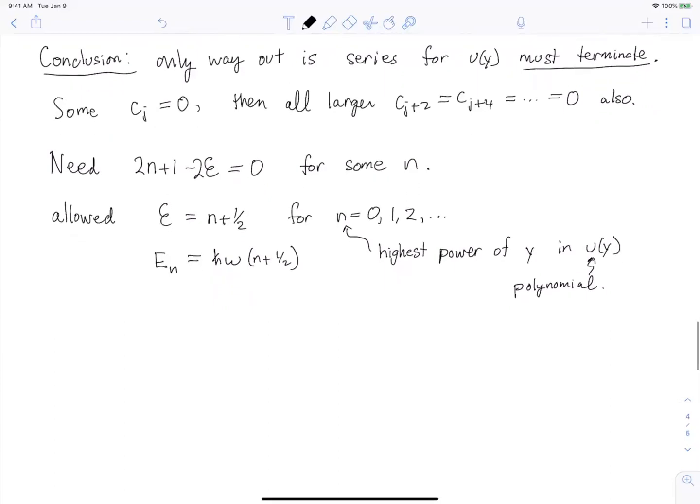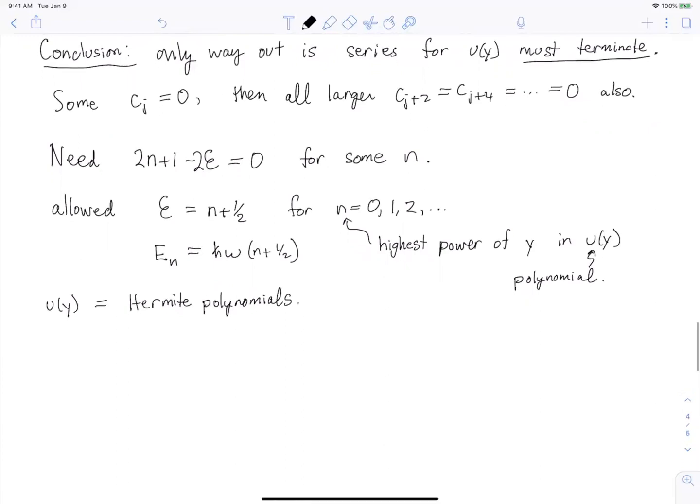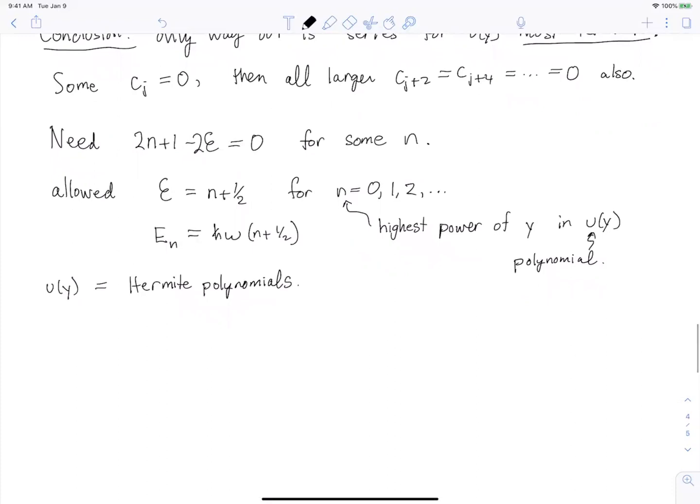Okay, so in fact, these polynomials have a nice name. U of y are known as the Hermite polynomials. And by just plugging in, we can figure out what they are. So we'll call them H, and then there's a subscript telling you what n is.